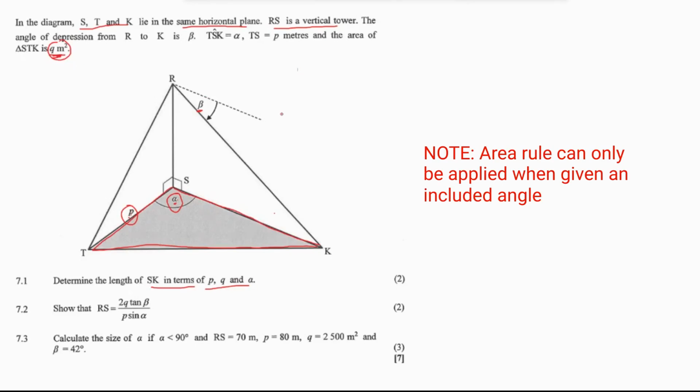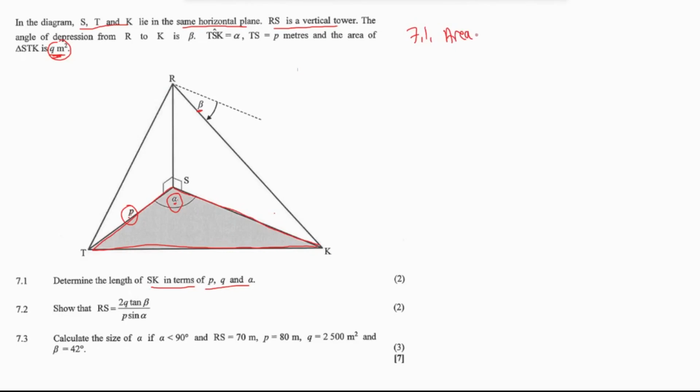Okay? So now, using the area rule, we can say that the area of triangle STK is equal to half times the side, which is P, times another side, which is SK, and then sine alpha. Then we need to find SK in terms of P, Q, and alpha.